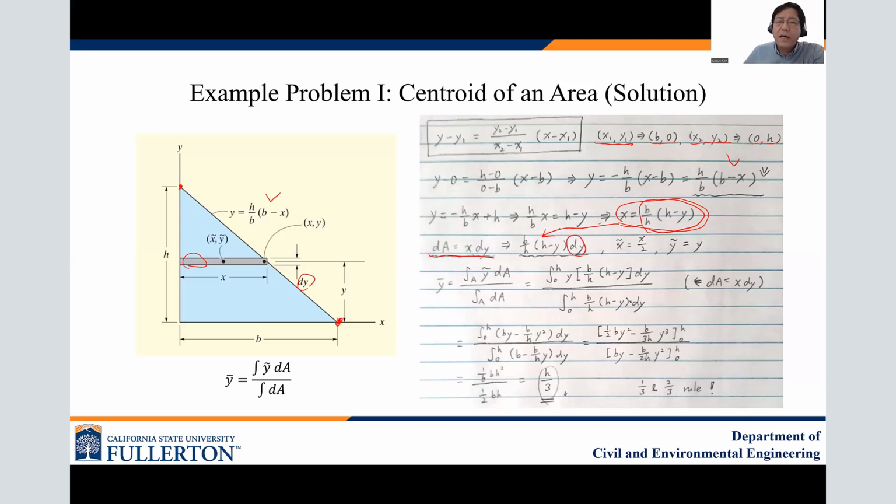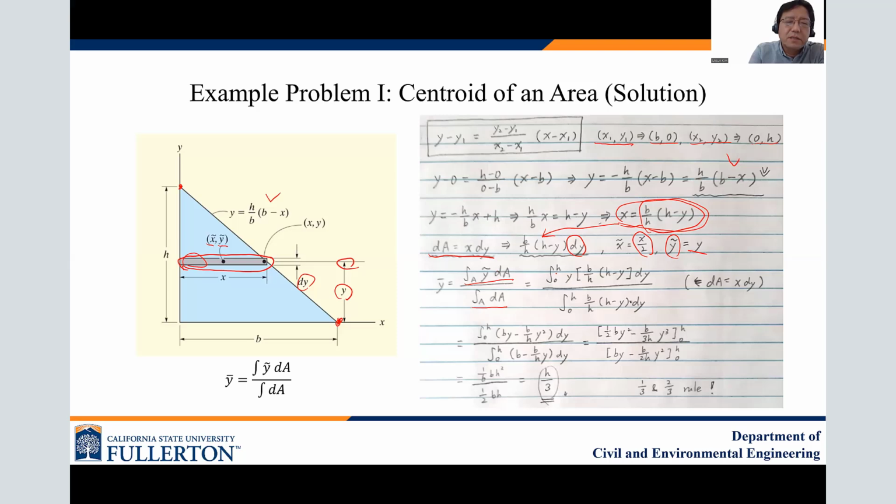And then we also find the centroid of this small rectangle, x tilde, y tilde. For x tilde, this is a rectangle, so obviously it's h over 2. And then y tilde is at y, because this is the center location, right? And then y bar equals the integration of y tilde dA, divided by the integration of dA.